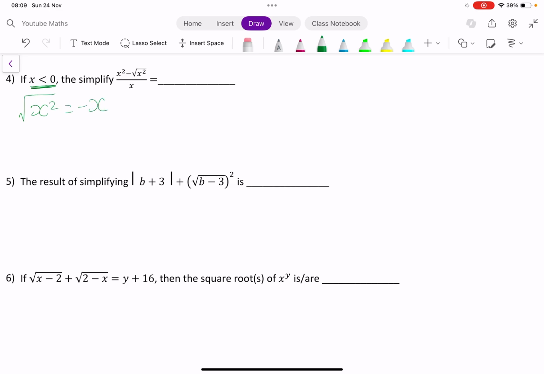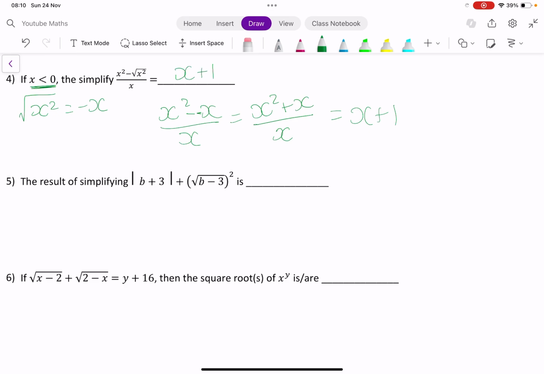And from this point on, we've got x squared minus x over x, minus x even, which would make it x squared plus x over x. And we can divide everything by x, so we are left with x plus 1. So our answer is x plus 1.